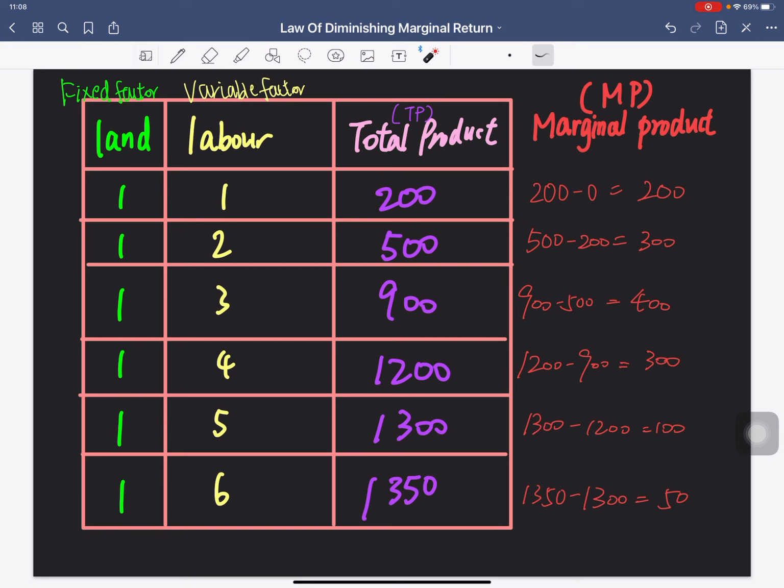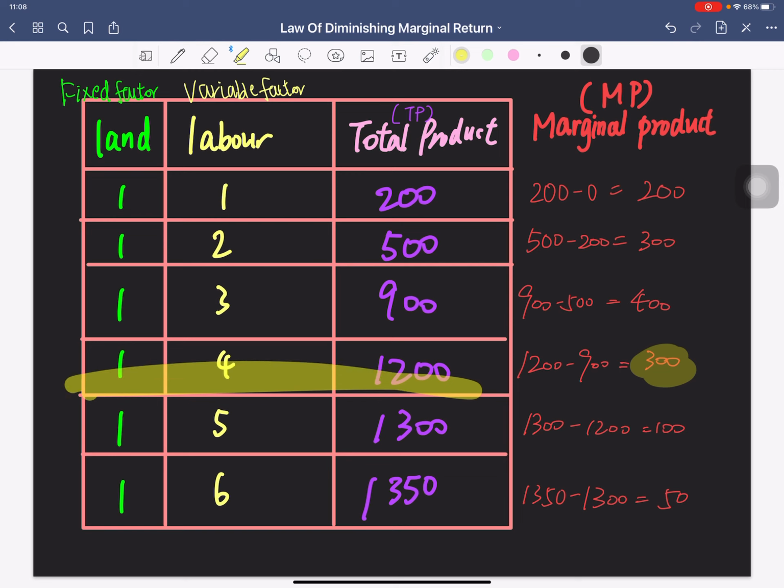So you can witness something strange. Although it seems like the total product keeps increasing when we employ more labor, the marginal product, at this fourth unit, is going to decrease.